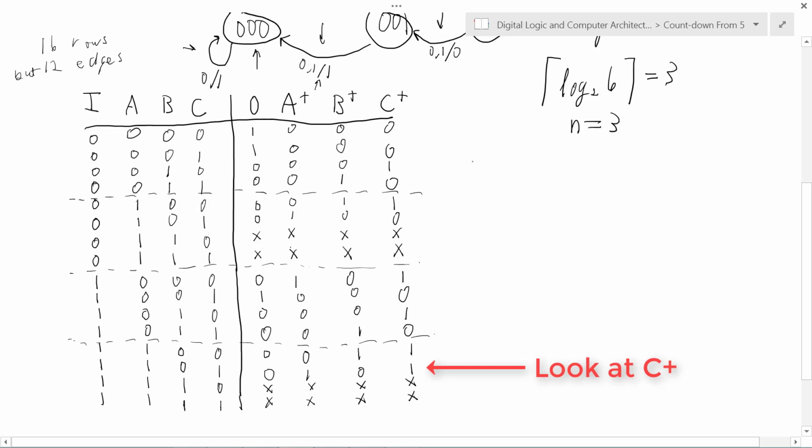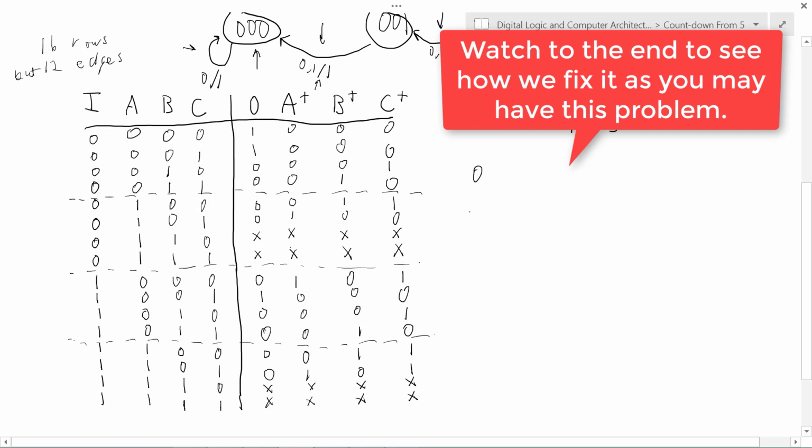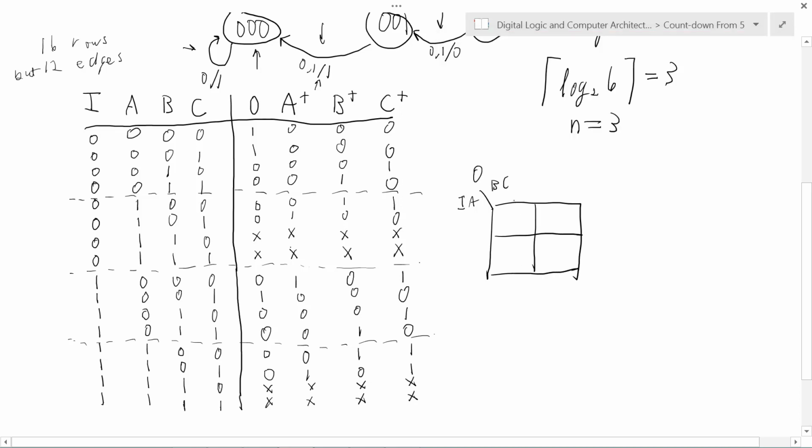We can now create k-maps for each of our variables. Output O. We have I, A, B, C. We're going to take it from this column, going straight down the line.